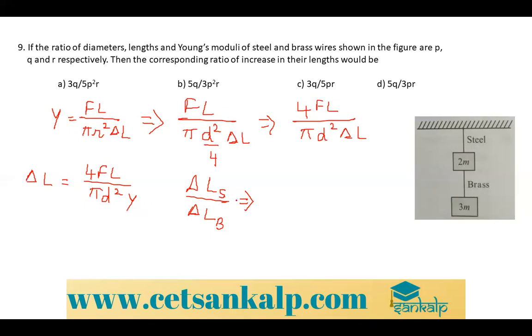So 4 is constant, you are not going to write. So Fs divided by Fb, Ls divided by Lb.